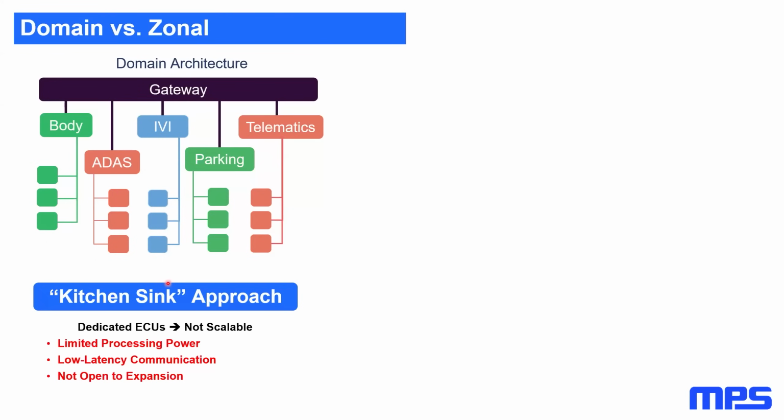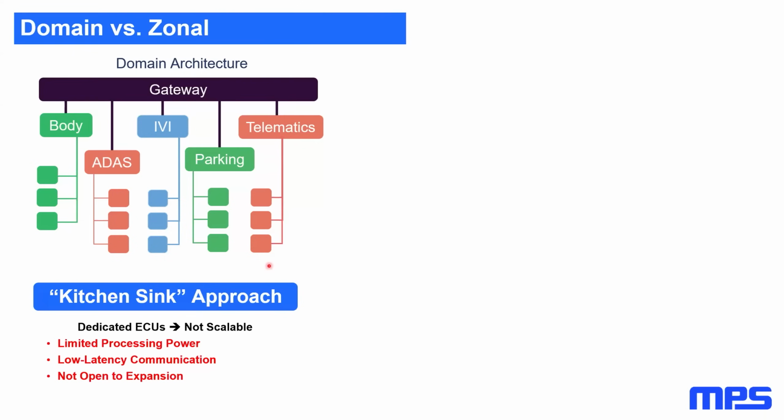And while the domain architecture offers many benefits for modern vehicle development, it also presents several challenges and disadvantages, such as increased complexity. In fact, by breaking down the system into smaller domains, we may introduce new interfaces and interactions that must be managed.